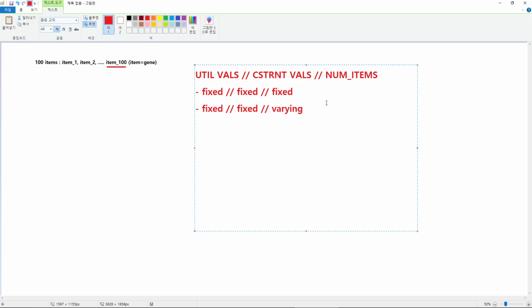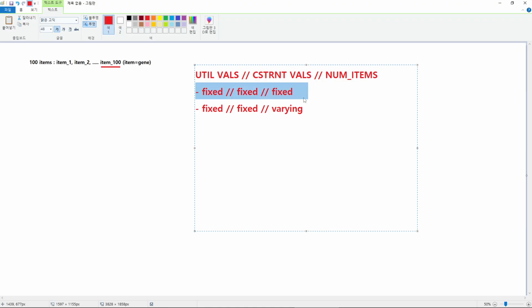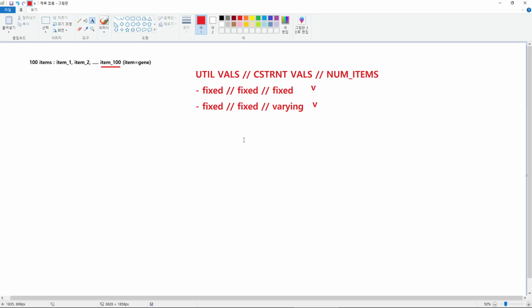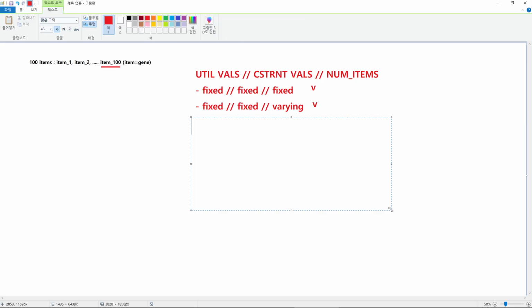So anyway, for the last 2 weeks, what I've been doing was: the utility values were fixed, the constraint values were fixed, and the number of items was the only thing that was varying. So this we have done. What about the rest?